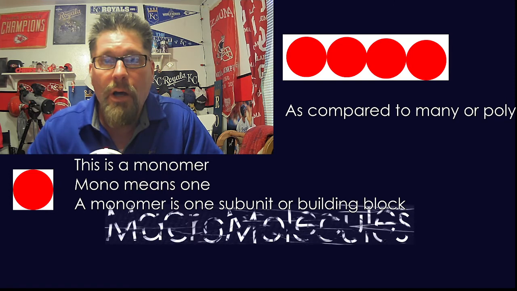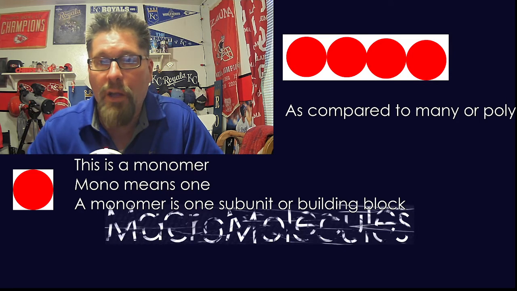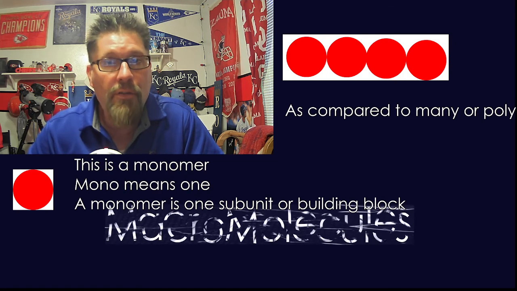Cells can build tissue, tissues can build organs, organs can build organ systems, that kind of stuff. Atoms can be used to make molecules and to make everything else. So these monomers are the way to think about it. Now, they're not just a single thing.